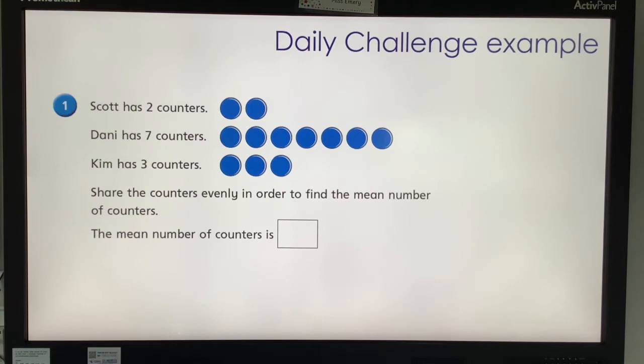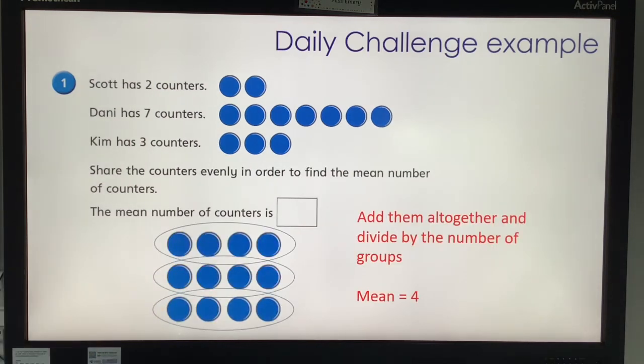So, if we wanted to find out the average number of counters these 3 people would have, we know that in reality, Scott has 2, Danny has 7, and Kim has 3. But in order to find out how many they have as an average, or to find the mean number of counters, we would need to add them all together and then divide it into our 3 groups.